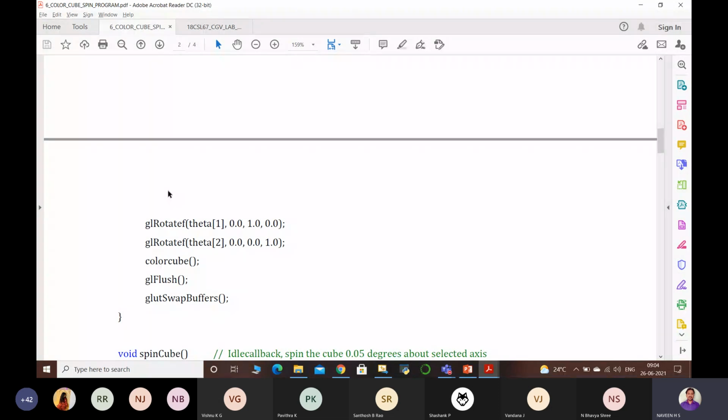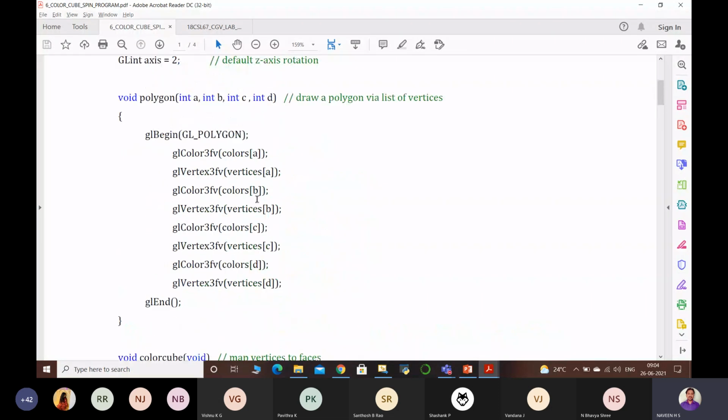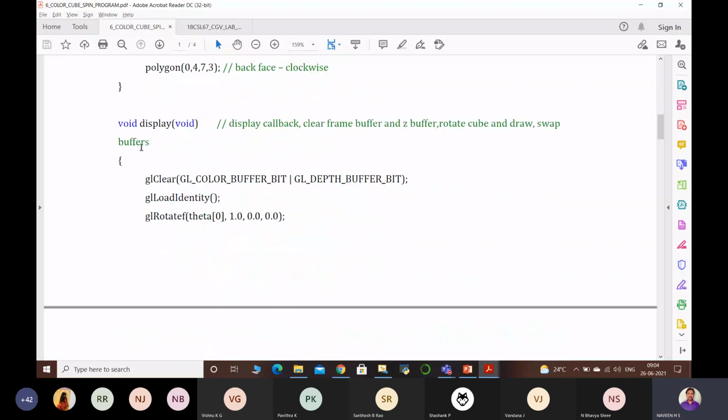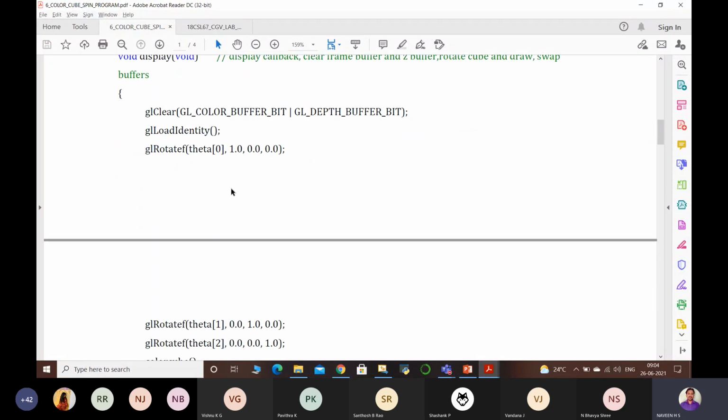Glut, just a second, glutDisplayFunc. Yeah, here it is, the display. So this is again the display callback. We are going to clear the frame buffer and the Z buffer, and rotate the cube. So many functions we are going to perform in this. It clears the buffer and your depth information also, and LoadIdentity again erases the matrix values that we stored in the previous case.